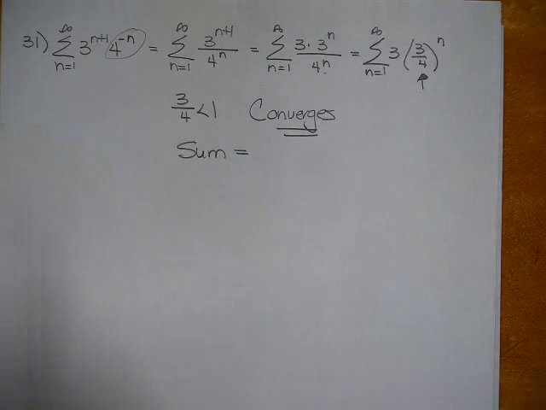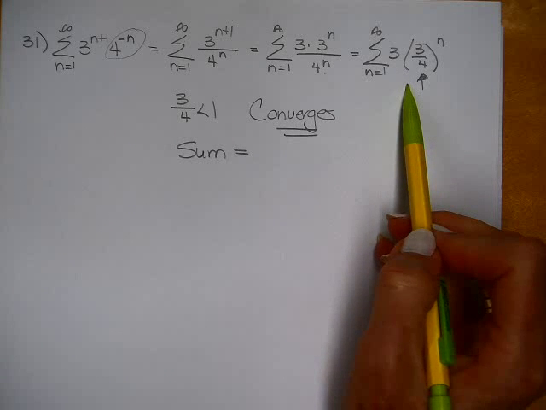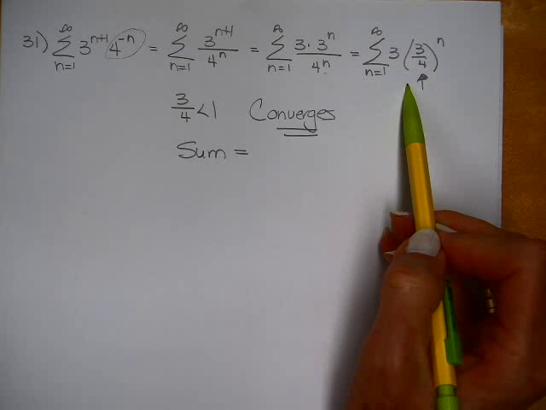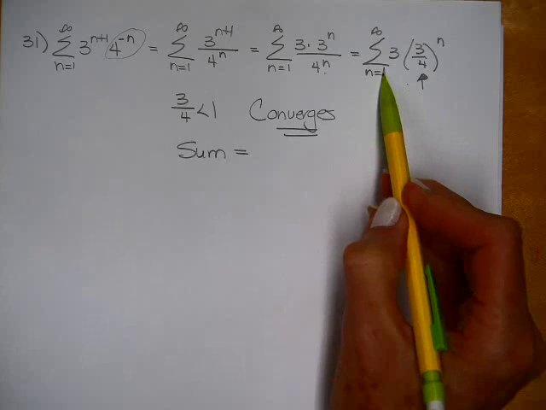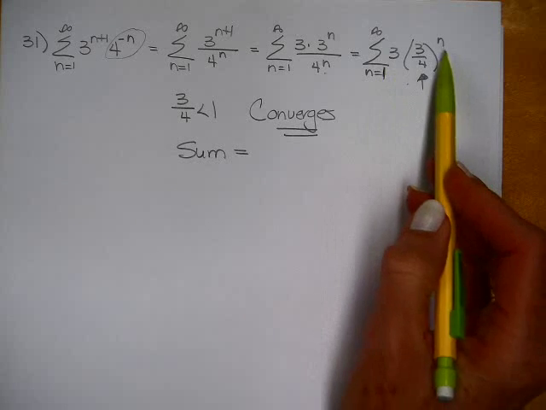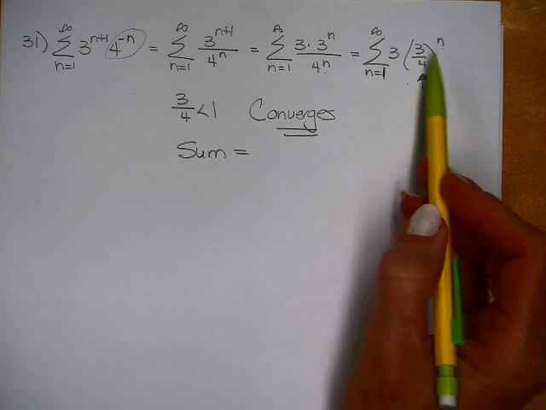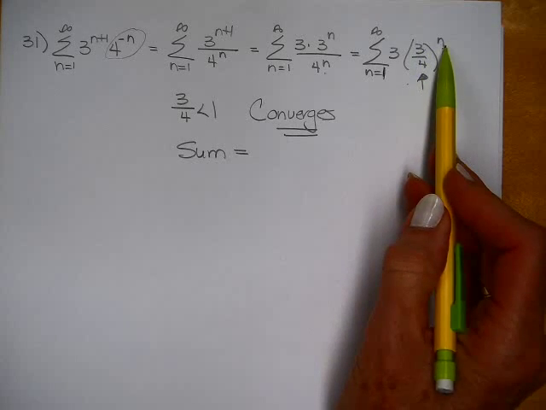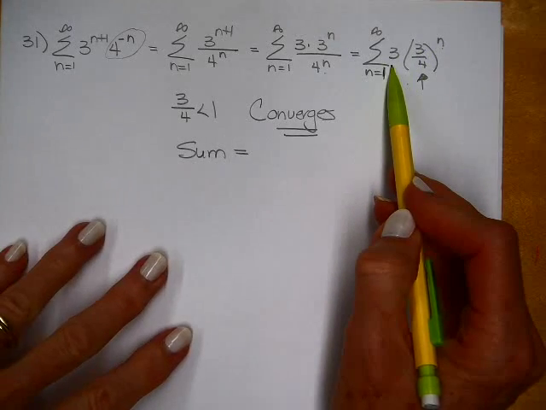All right, the sum is the first term divided by 1 minus r. How do I find the first term of this series? I take this number right here, n equals 1, and I put it right here. So this is 3/4 to the first power times 3, which looks like it's going to be 9/4.